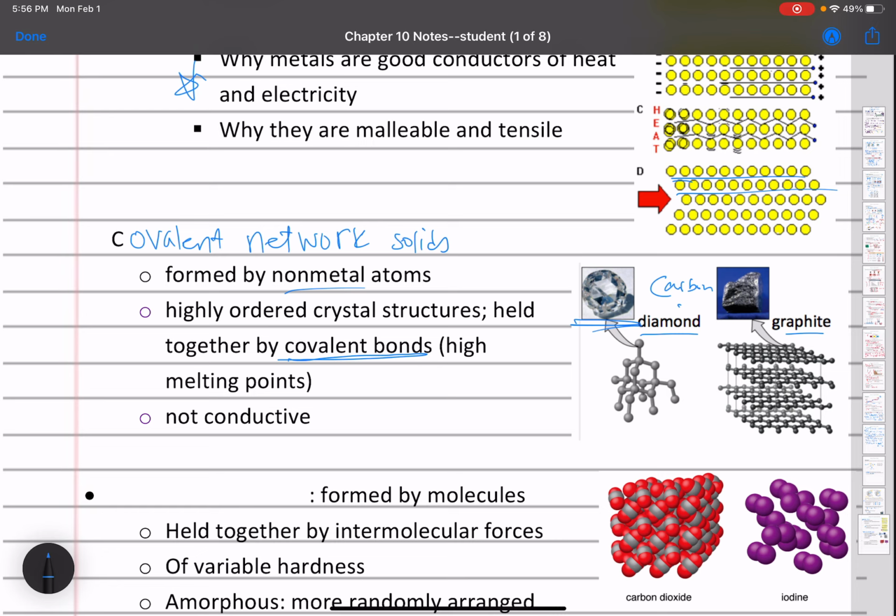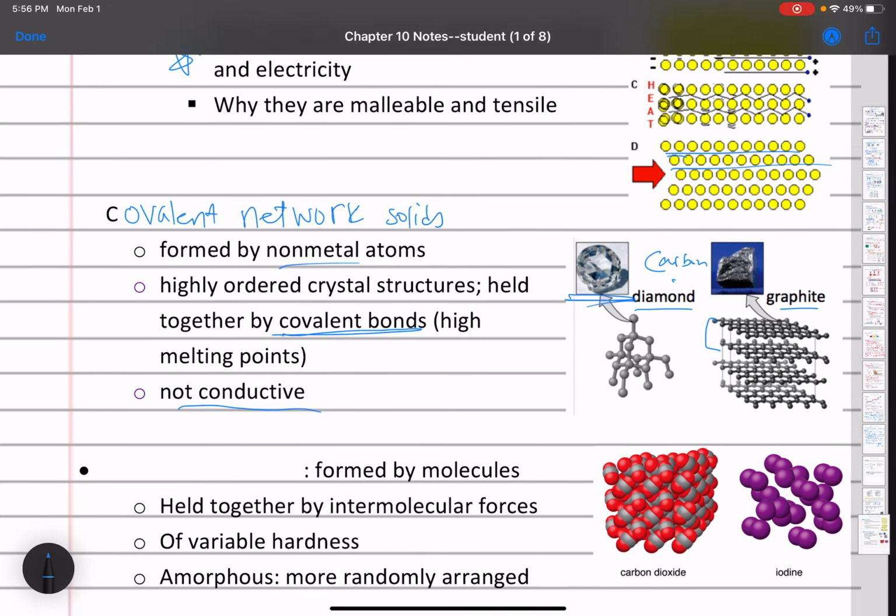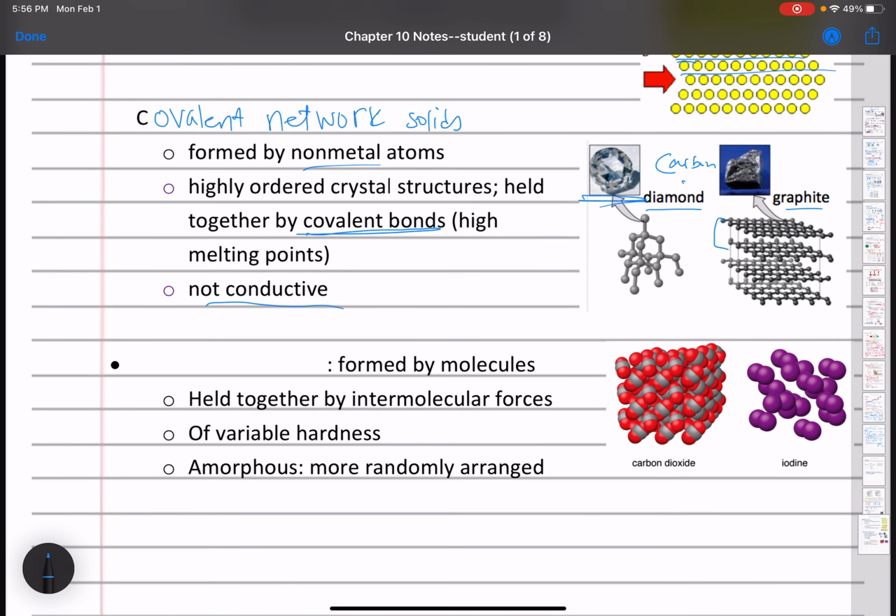When you touch the graphite to a surface, a sheet or two, a couple of layers, end up flaking off and leaving a trail on your paper. Covalent network solids tend to not be conductive, though graphite is actually a little conductive. You're going to use it as anode and cathode in your electrochemistry experiment later this semester.